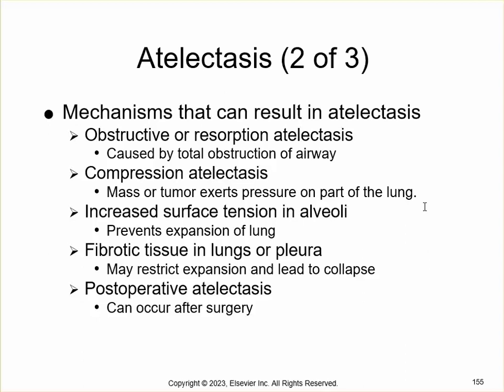Hopefully, you've learned about surfactant, the chemical that breaks the surface tension within the alveoli. If there's not enough surfactant, then the surface tension of the liquid in the alveoli, the water, literally increases the pull and the elasticity of the alveoli. And if it overcomes the tendency to be expanded, then the lung will collapse.